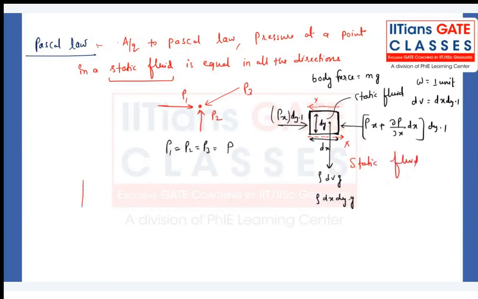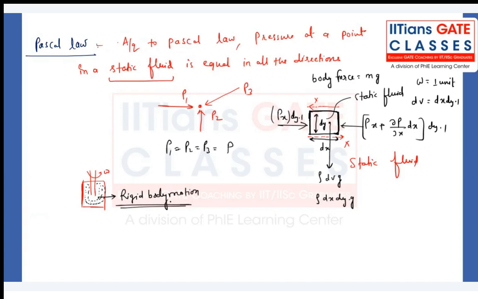But if I talk about certain cases where the fluid element is subjected to some kind of torque, for example, the fluid element in a container is undergoing certain motion, a rigid body motion, for example.